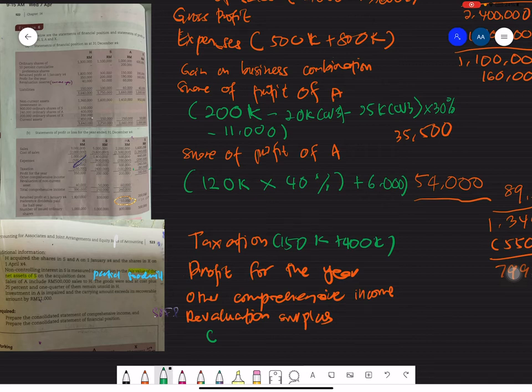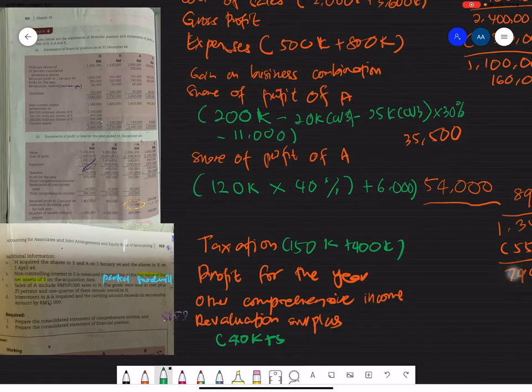So we'll take parent and subsidiary, 40,000 plus 50,000, plus 30% of A. Because A is an associate company, you just take 30% of A, which is actually 60,000, and you will have 18,000.